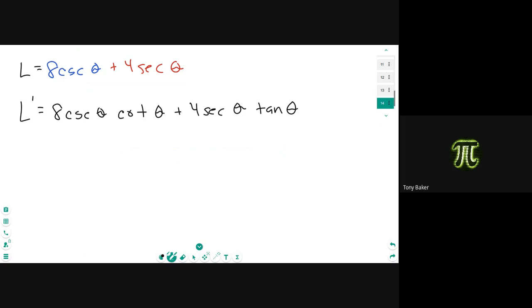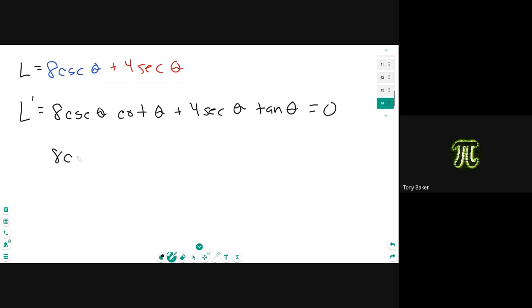All right. So now what do we do? We can write them up in terms of sine theta and cosine theta, but what do I got to do before I even get to that point? I got to set it equal to 0. So if I set this equal to 0, I'm actually going to move one over.